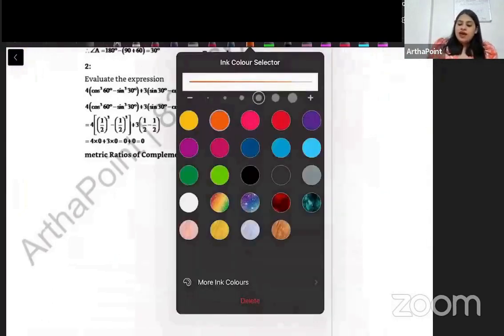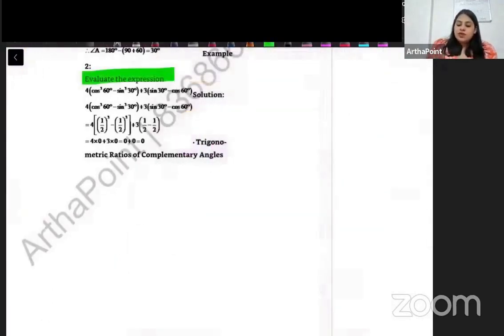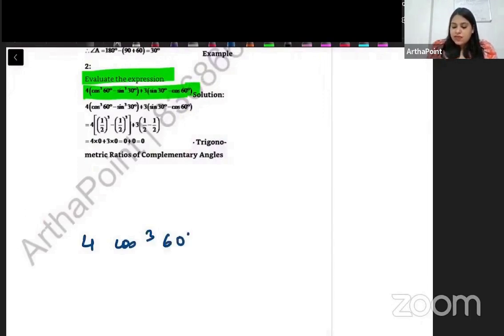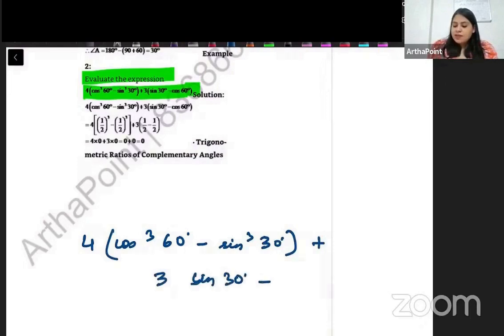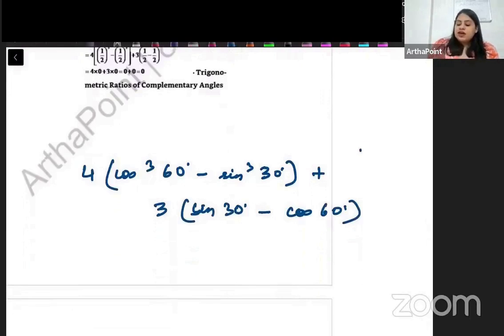Okay. Evaluate the expression. 4 cos cube 60 degree minus sin cube 30 degree plus 3 sin 30 degree minus cos 60 degree. You need to go ahead and evaluate this expression.